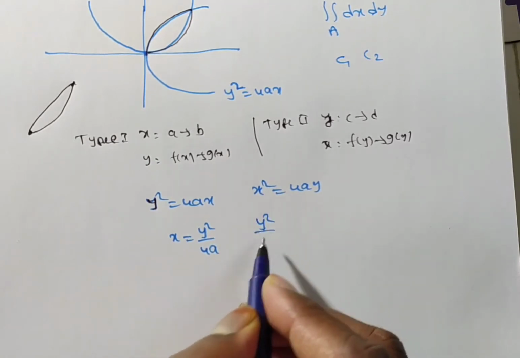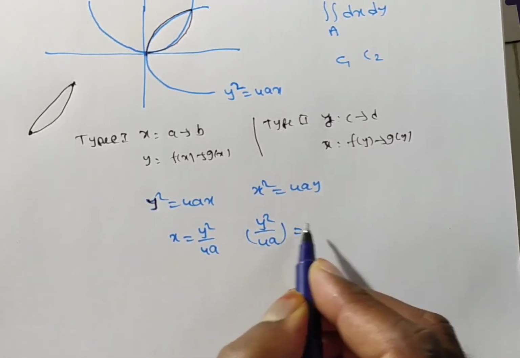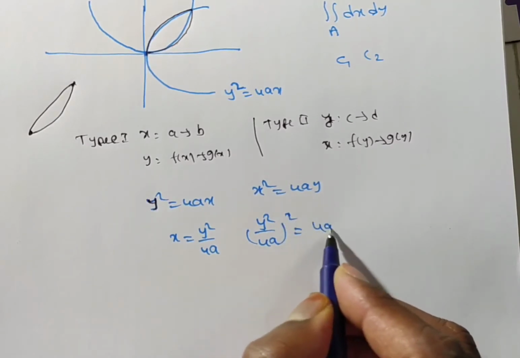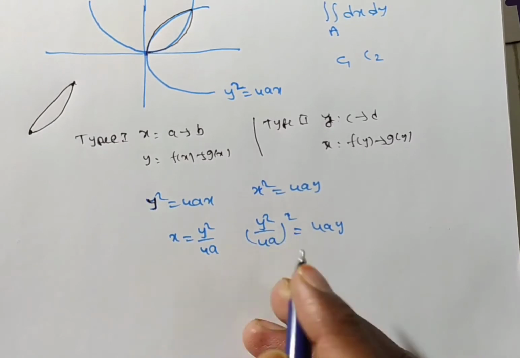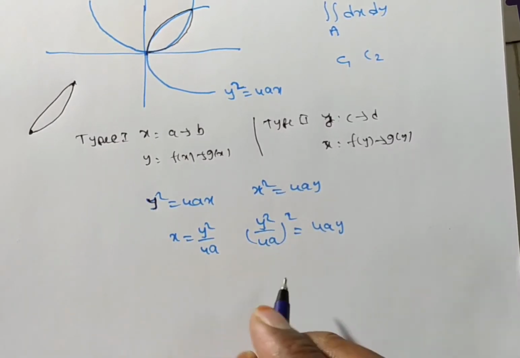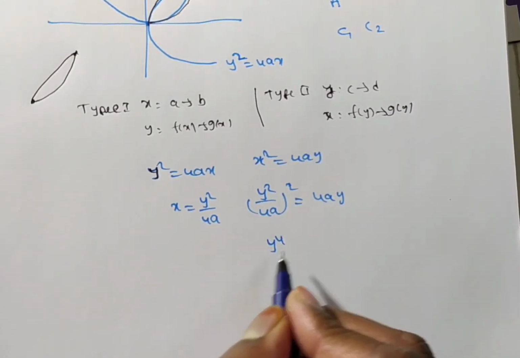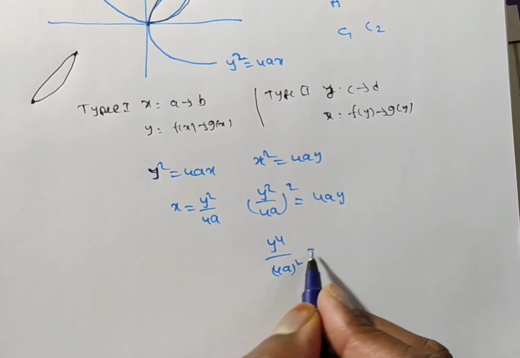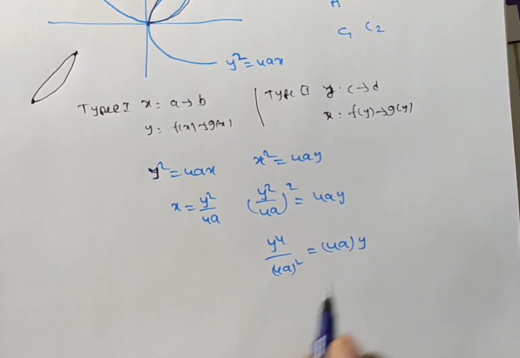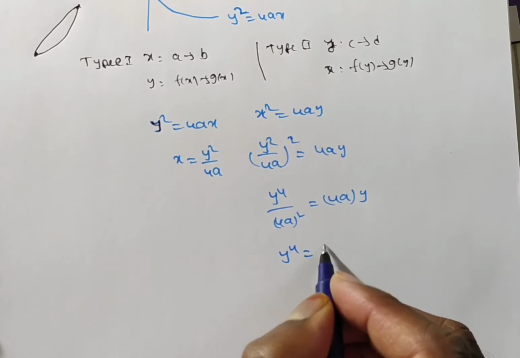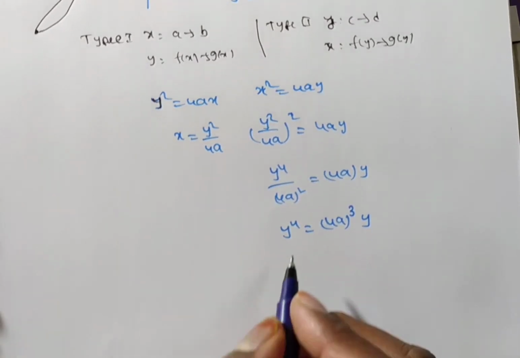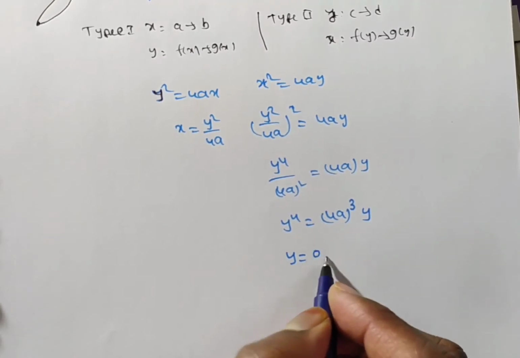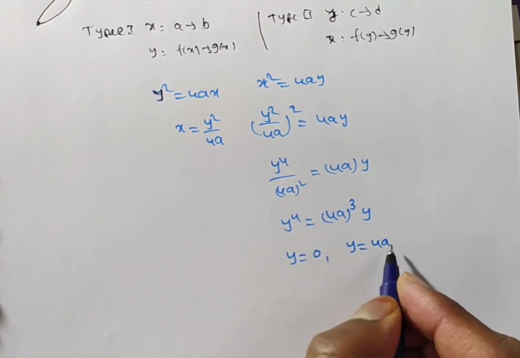Then you have y square by 4a, whole square, is equal to 4ay. Now simplify this. A by b whole square means a square by b square. So y to the power of 4 by 4a whole square is equal to 4a into y. Therefore, y to the power of 4 is equal to 4a cube into y. So in this case you will have y is equal to 0, y is equal to 4a.